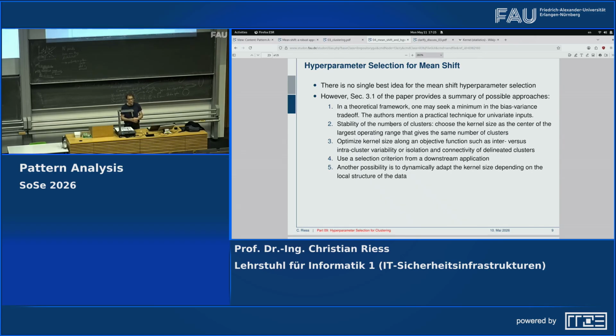Because usually this hyperparameter selection is just one problem that you need to solve among 500 other problems. So you just fix it somehow, and you do a limited set of experiments in order to convince yourself that it's not totally stupid what you're doing.